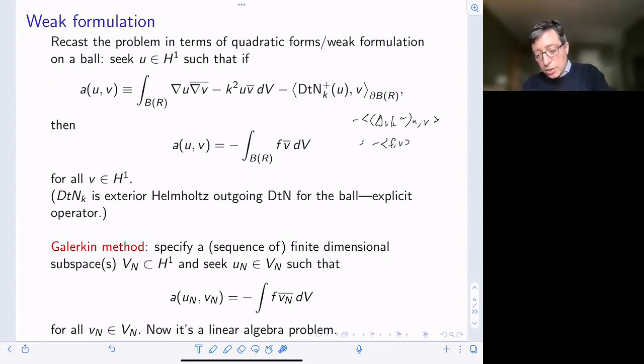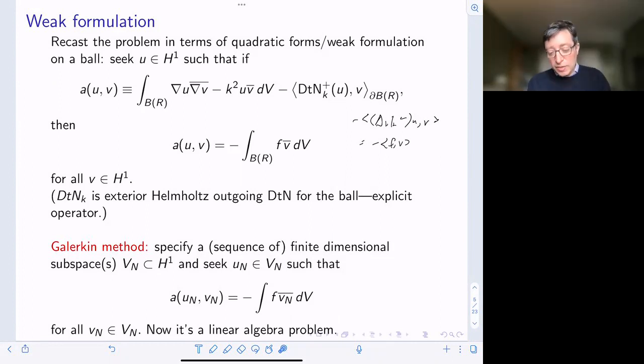You use the exterior Dirichlet-Neumann operator for the ball. So what does this guy do? It takes a function on a large sphere of radius r, and considers that as Dirichlet data for an outgoing solution to the Helmholtz equation exterior to the ball, and it maps it to the Neumann data, okay, the exterior Dirichlet-Neumann operator.